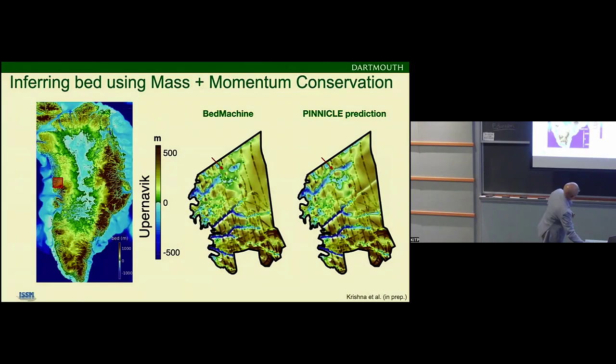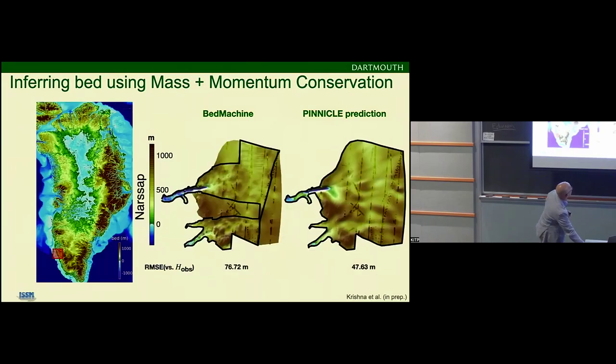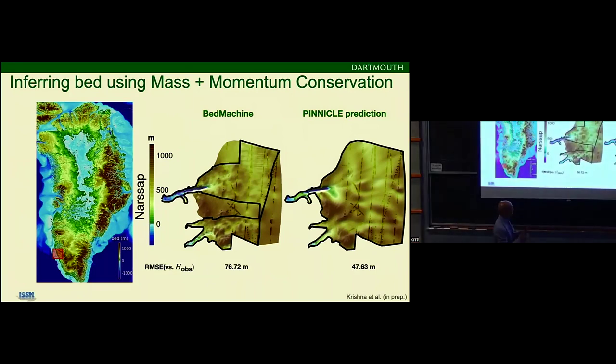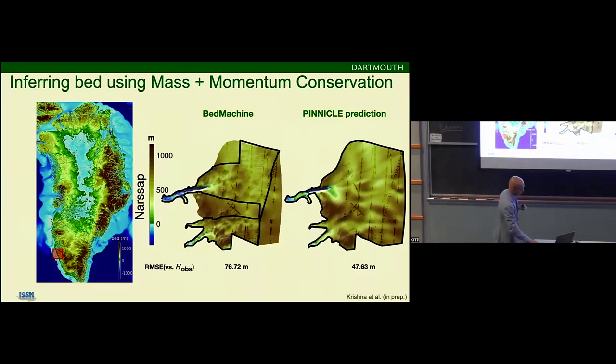But I still want to point out some areas where there are some discrepancies in the data and a longer trough. The third region is Narsap, where we don't have a lot of data. The BedMachine result looks pretty messy, and as you can see for PINNICLE, when we use both, we get a better job.